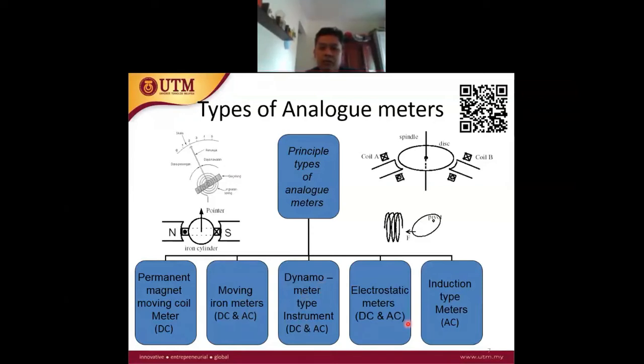We have the dynamo, electrostatic, and induction types. The others are basically derivatives of the analog meter, where the principle is a bit different, so they are grouped into different types of analog meters. Maybe we will look into the principles one by one later, and also the usage of the analog meters.